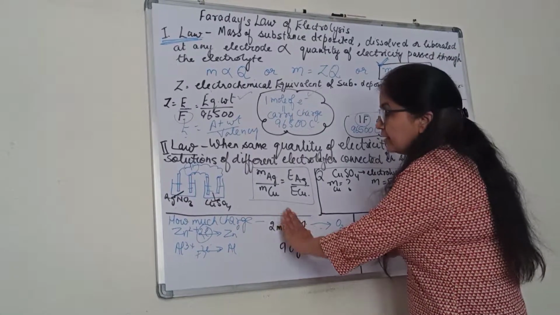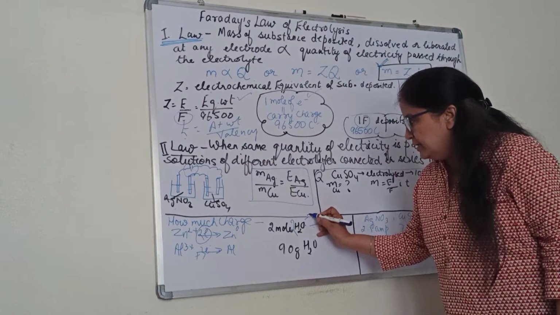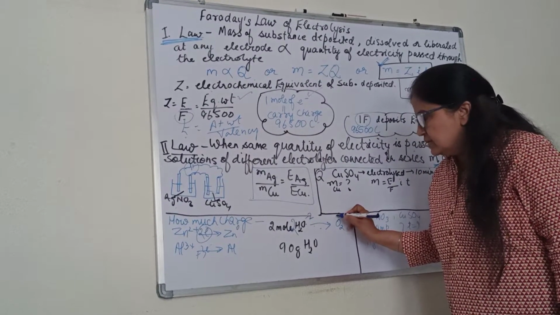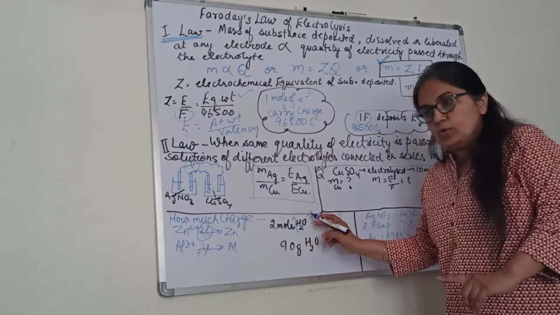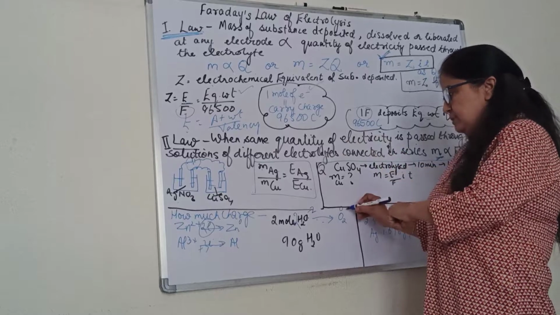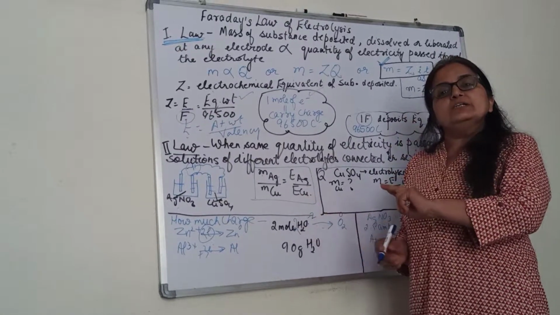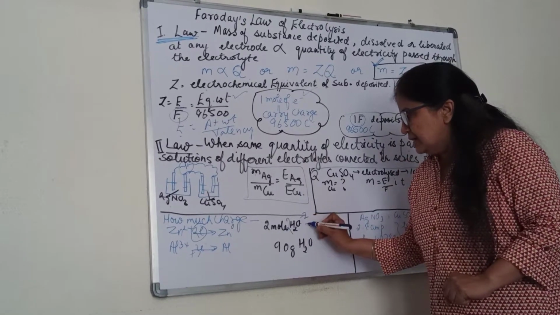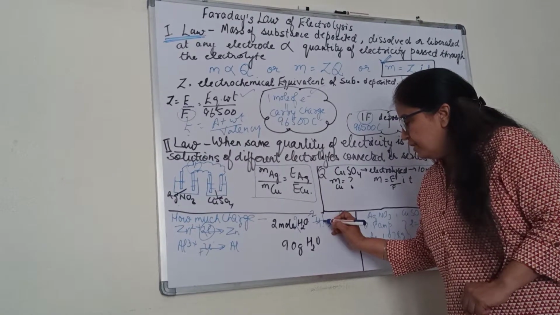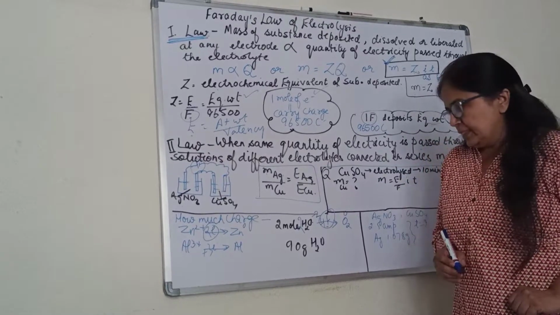What is the oxidation state of oxygen here? -2. This has become 0. So for 1 mole the difference was 2. So for 2 moles how much? 4. So what will be the answer here? 4 Faradays or 4 into 96,500 coulomb.